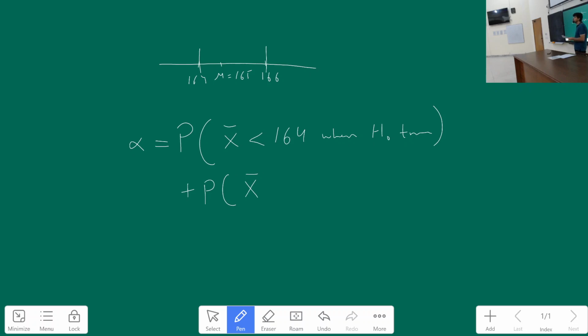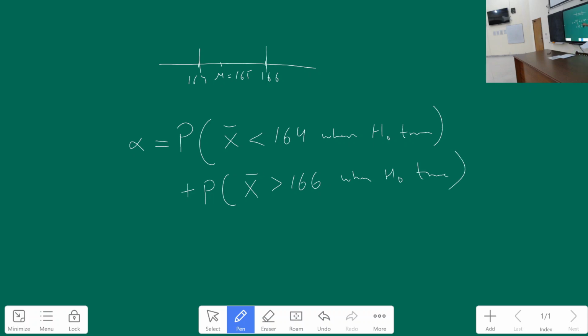See, there are two ways you will wrongly reject me. First is if you find your x bar to be below 164 when actually I was right, or if you find your x bar to be above 166 when I was actually right. So if you find it to be above 166 when in fact I was right, that is the second part of this error.